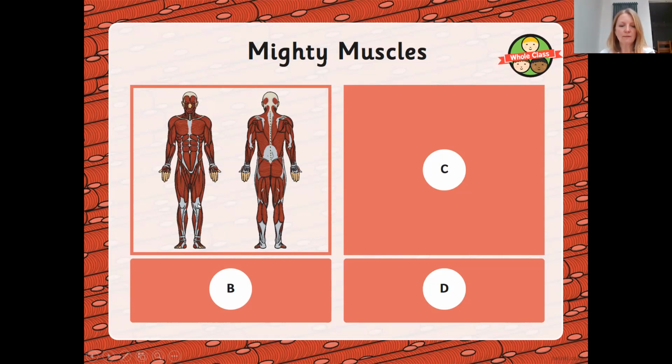Those are all the muscles in your body. Even on your face, you have muscles, because if you didn't have muscles on your face, you couldn't frown and you couldn't smile and you couldn't talk, because the muscles are needed for all of your facial movements and expressions. You can see the muscles across your chest and arms going down across your tummies.